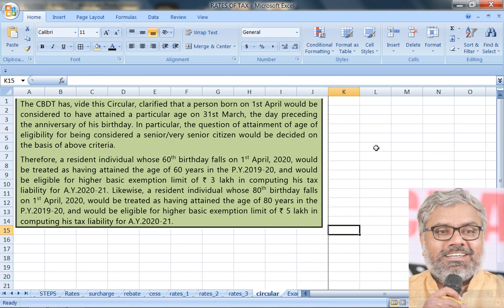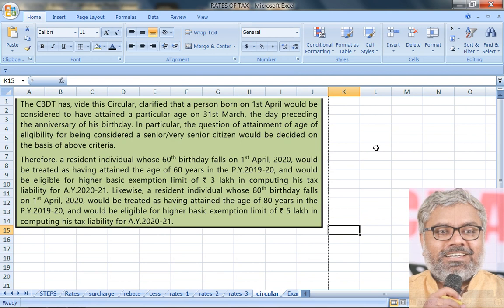Second paragraph. A resident individual whose 60th birthday falls on 1st April 2020. 60th birthday, that is, once a person enters into the 60th year, that is called 60th birthday, automatically that person can be considered as a senior citizen. There is no need to complete 60 years.